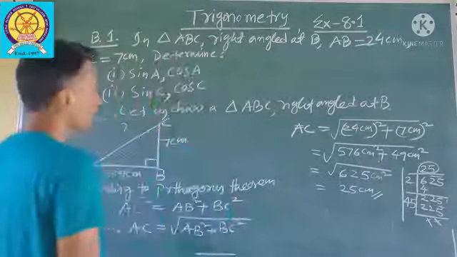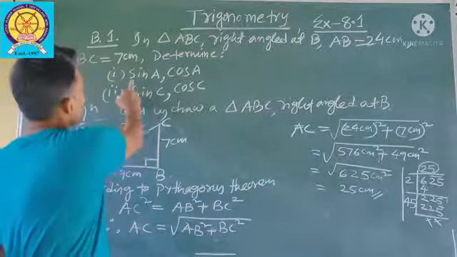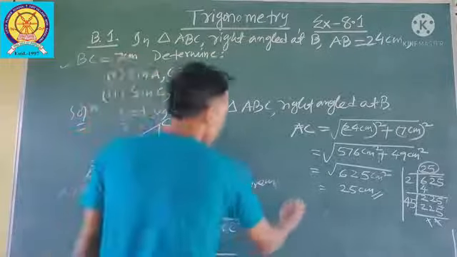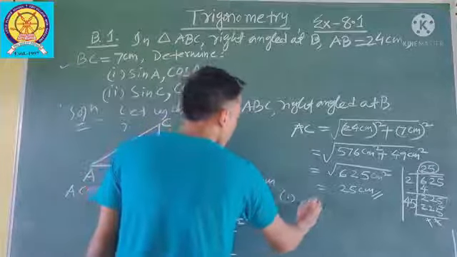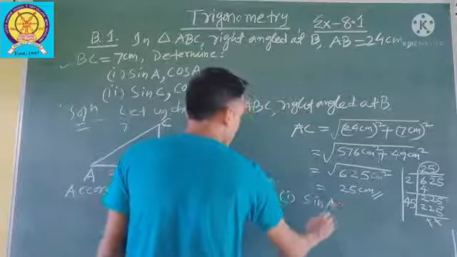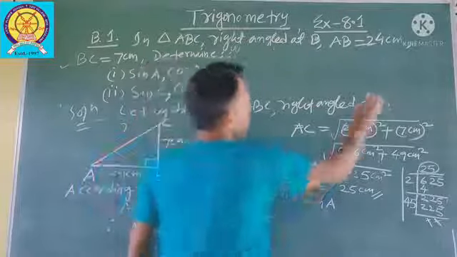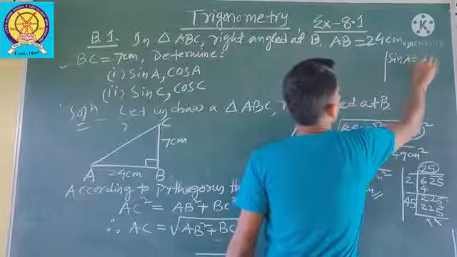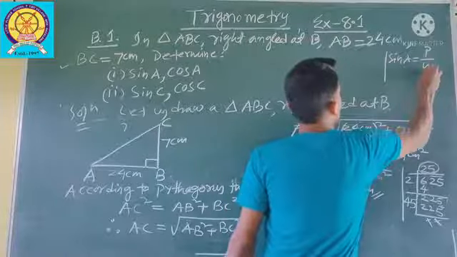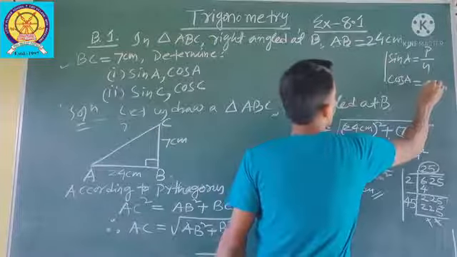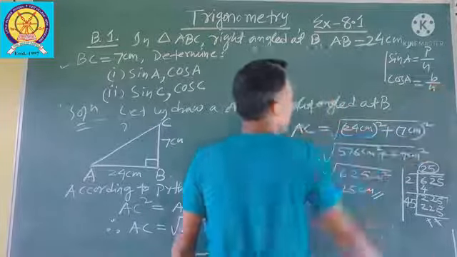Now, you see question number 1. Determine sin A, cos A. First we will determine sin A. Sine is perpendicular by hypotenuse. Cos is base by hypotenuse.